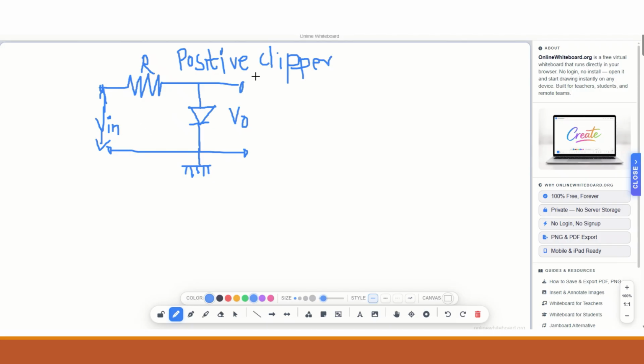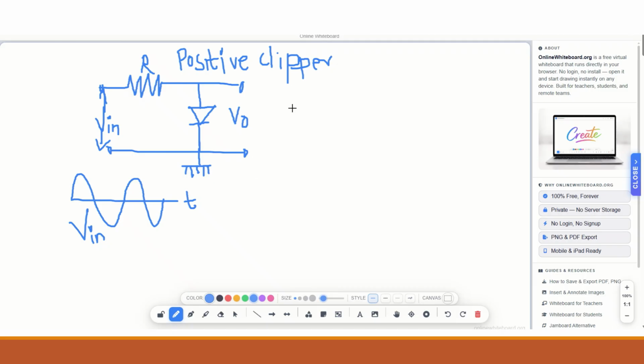In the positive clipper, we are applying a sinusoidal signal at the input side. At the output is the input signal applied across resistor and ground.